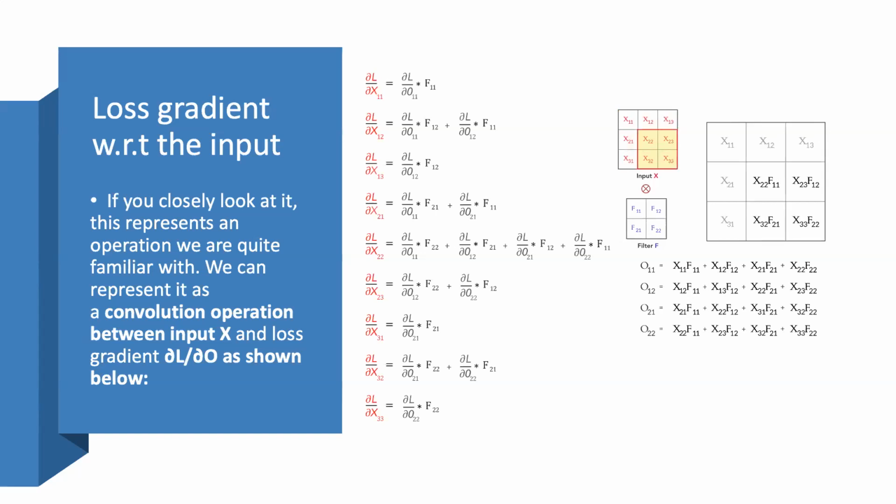So what is this exactly? Can anybody see a pattern? Can anybody draw some intuition? Anyone wants to speak up? Or in chat? Anything with respect to the filter that you see when you look at X22?